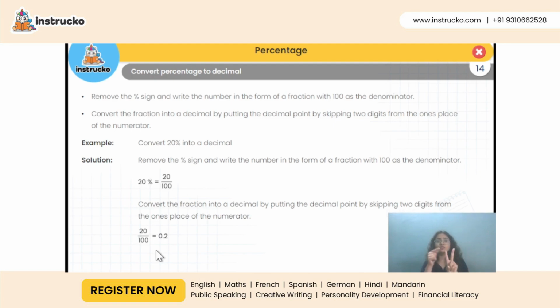As we understand, remove the percent sign and write the number in the form of a fraction with 100 as a denominator. Then you convert the fraction into decimal by putting the decimal point, skipping 2 digits from the ones place of the numerator, basically by dividing the number by 100. I hope you know how to do that, and if you do, you're on the right track and this is very easy for you, hopefully.